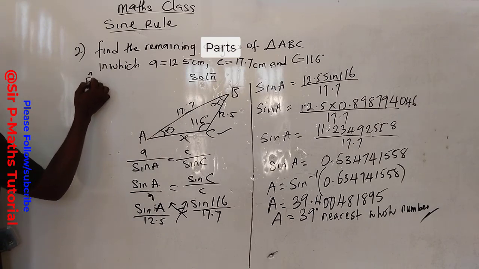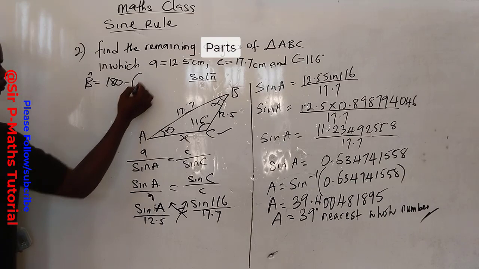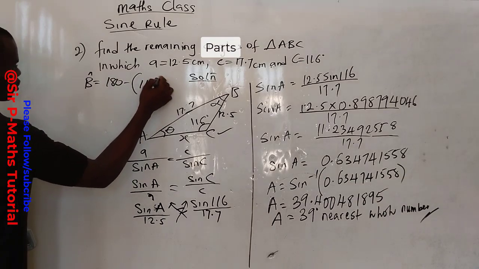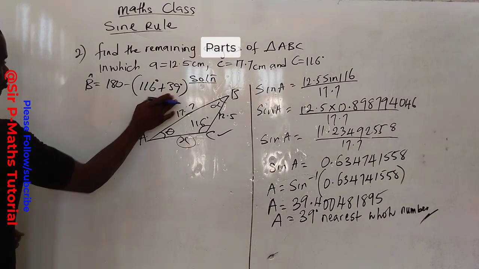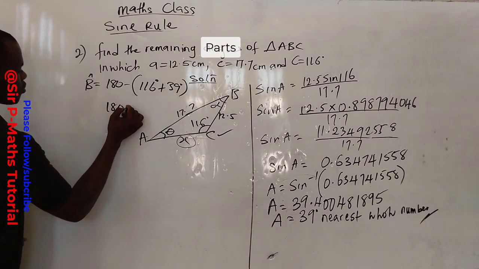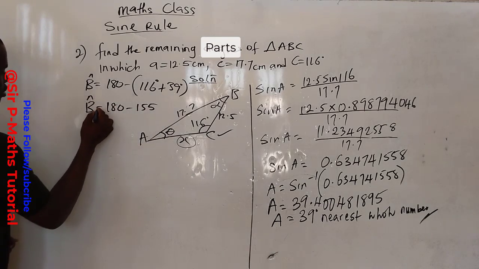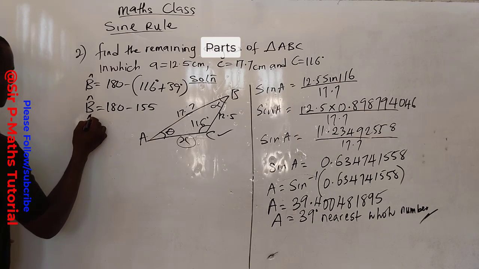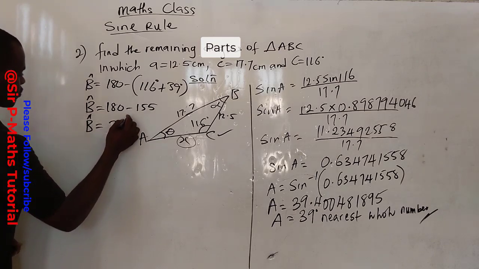So the angle at B will give us 180 minus the sum of 116 plus 39 degrees. Now we add 116 plus 39, which will give us 155. We subtract, we have the angle at B as 25 degrees.